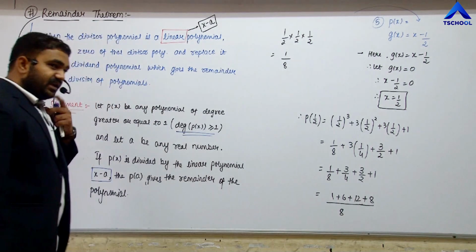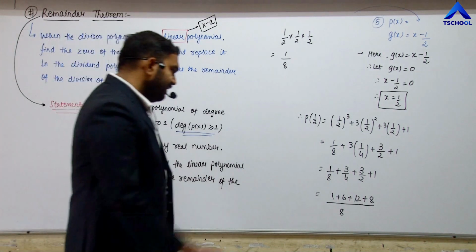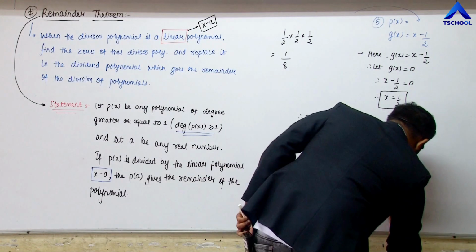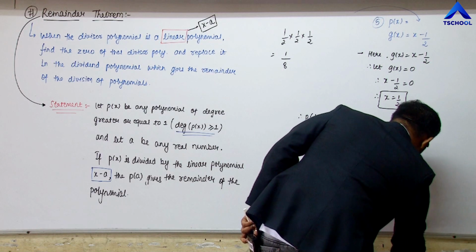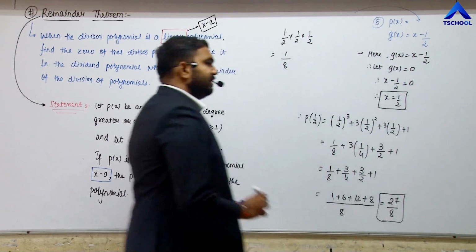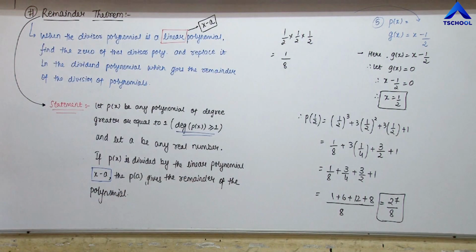So that becomes 1 plus 6 plus 12 plus 8, 27, and hence the remainder here is 27 upon 8. Okay friends, so the remainder of this division, if we perform it by the long division method, will give us the remainder 27 upon 8. So that is how the long division works.